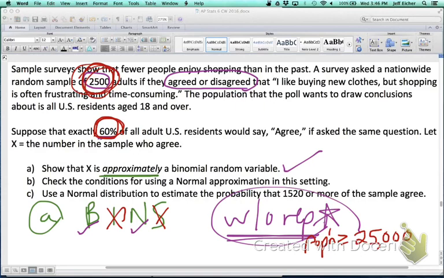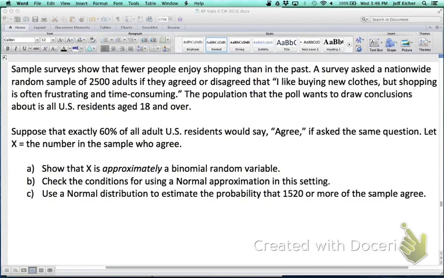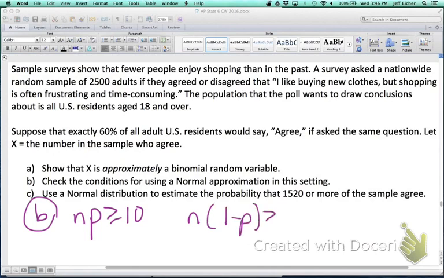For question B, check the conditions for using a normal approximation. Our conditions to use the normal approximation is as long as the number of successes, n times p, and the number of failures, n times 1 minus p, are greater than or equal to 10. As long as those are both greater than or equal to 10, then we would have a normal approximation.